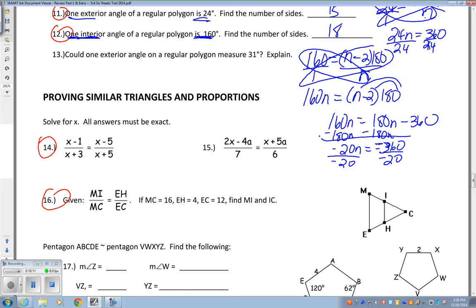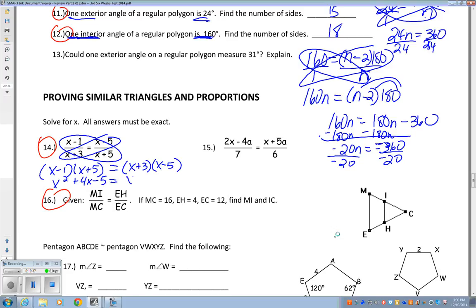You're definitely going to have to cross multiply and use FOIL. This would be x minus 1 parentheses times x plus 5 parentheses, and then equal the other cross products, which is x plus 3 times x minus 5. When you use your first, outer, inner, last method, one side gets simplified as x squared plus 4x minus 5, and the other cross product side is x squared minus 2x minus 15.